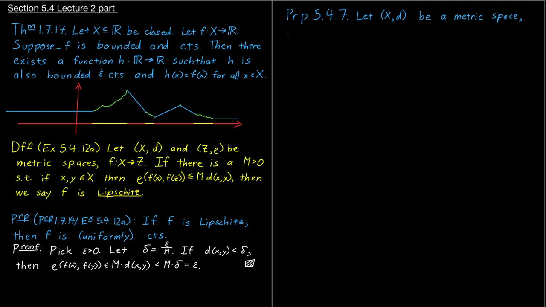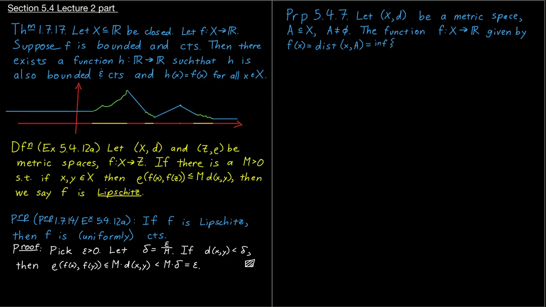And we're going to let A be a non-empty subset of our metric space. Then the function f, whose domain is X and whose range is the real numbers, given by f of x is the distance from x to A. Let me remind you what the distance is.